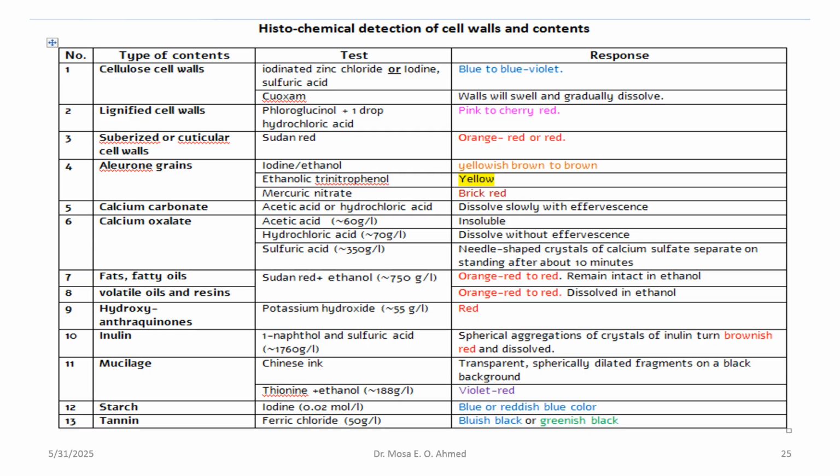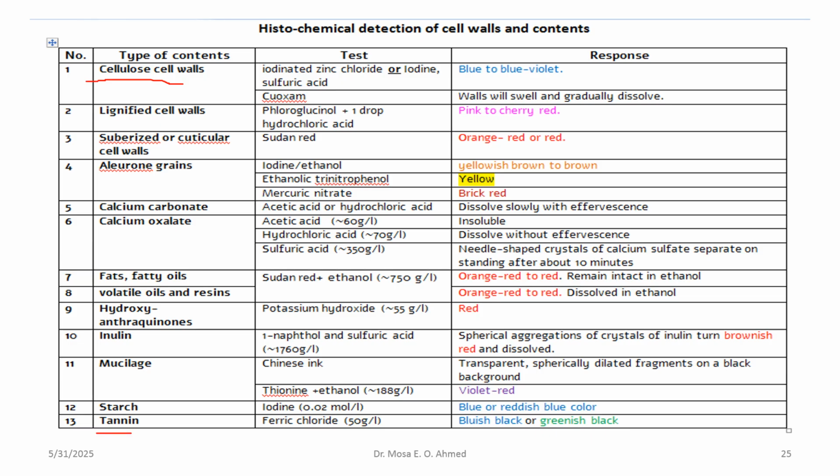In this slide, we summarize the histochemical tests for 13 important classes of secondary metabolites present in plant samples. It starts with cellulose and ends with tannins.